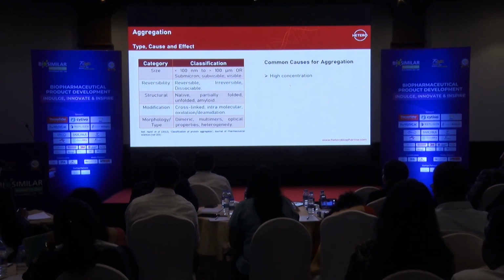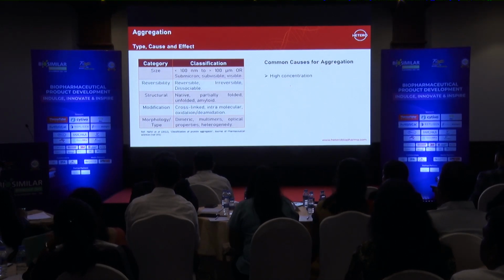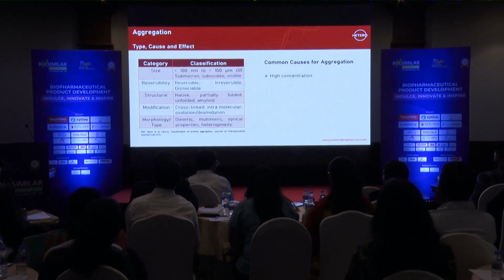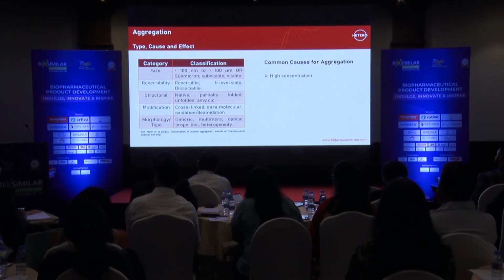Nowadays the monoclonal antibodies coming up under development, innovation, and biosimilarity are increasing in concentration to a very high extent, for the benefit of decreased fill volumes, lesser injection volumes, and pain factors. So there are a lot of aspects involved, but the concentrations are slowly and steadily increasing, which also creates a complexity in the aggregate formation.